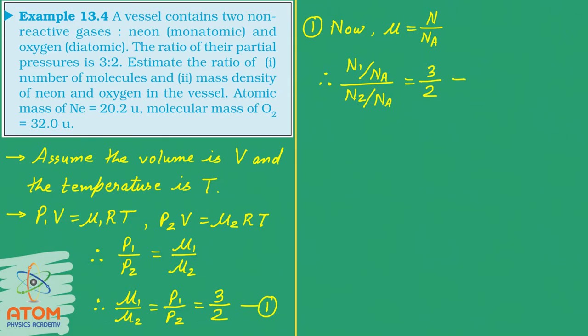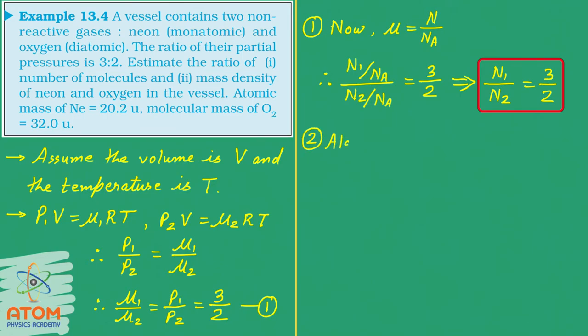So Na will be cancelled out and we get n1 upon n2 equal to 3 by 2. So here is the first answer: the ratio of number of molecules is 3 by 2. Now let us find out the second answer.